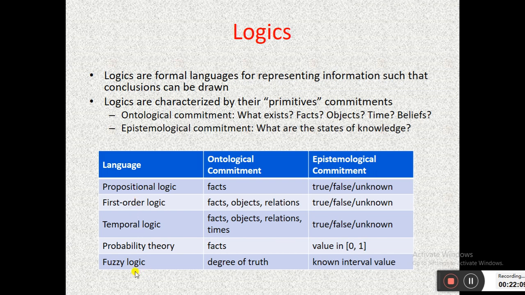So these are different languages and ontological commitments: facts, objects, relations, and degree of truth. And the next is the epistemological commitments: true, false, unknown. So these are the different types of logics.